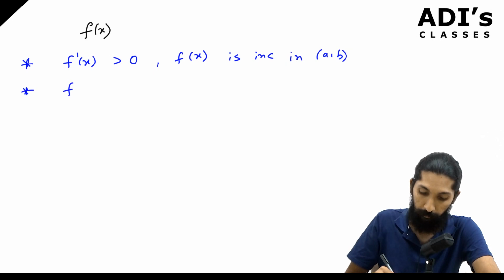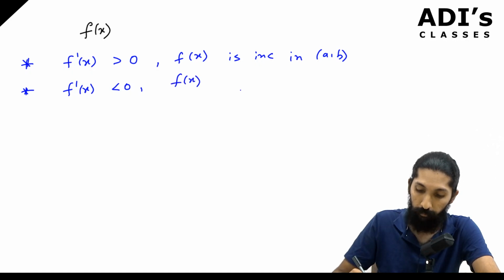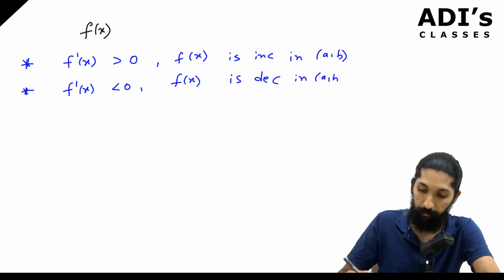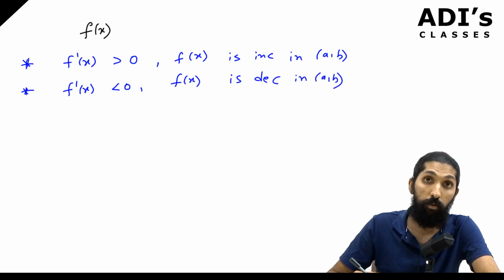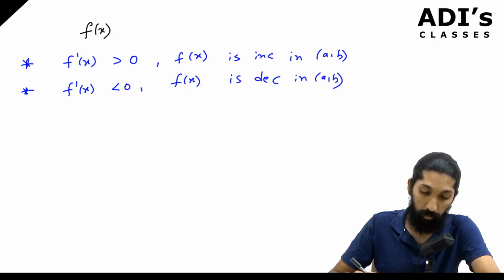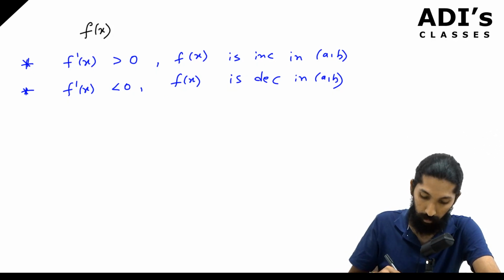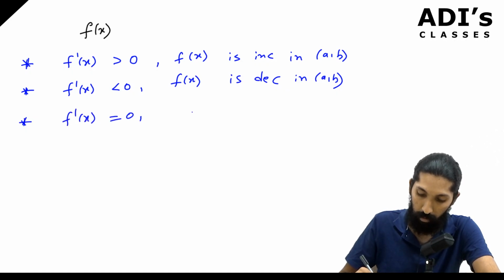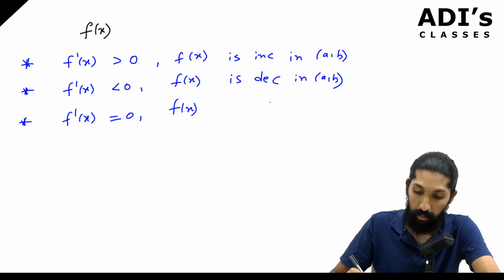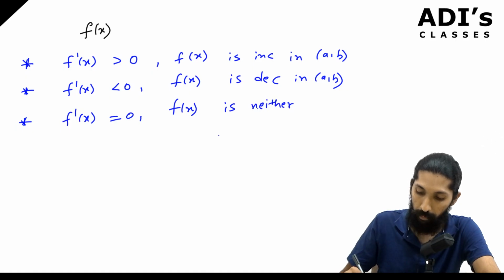Next, if f dash of x is less than 0, then f of x is decreasing in a comma b. What if it is equal to 0? No, it can't be increasing, right? So if f dash of x is equal to 0, then f of x is neither increasing nor decreasing in a comma b.